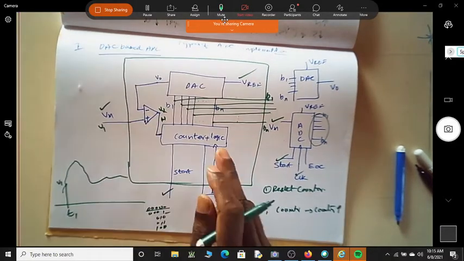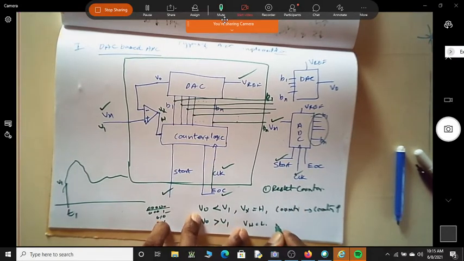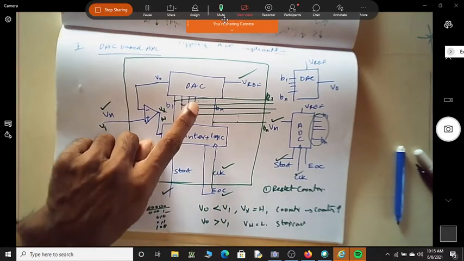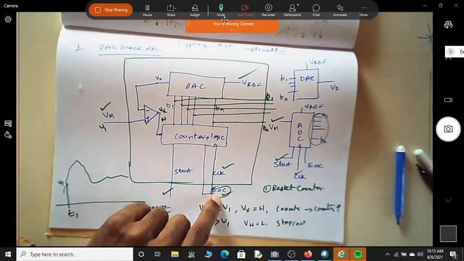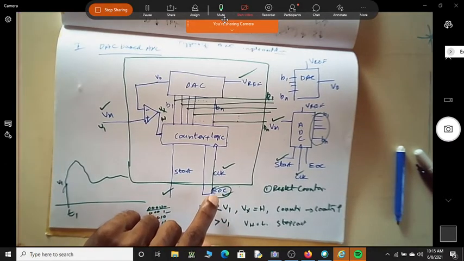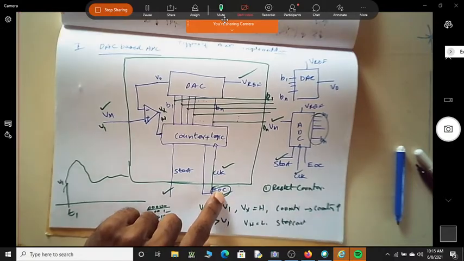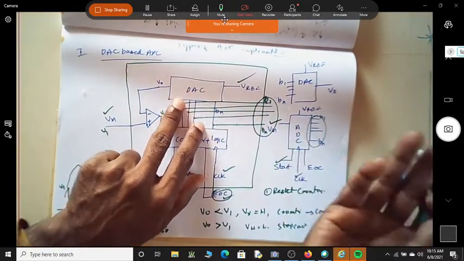Vx will become low. That will stop the counter. When the counter stops, it is like giving an end of conversion signal. When the end of conversion signal comes, this output can be read.